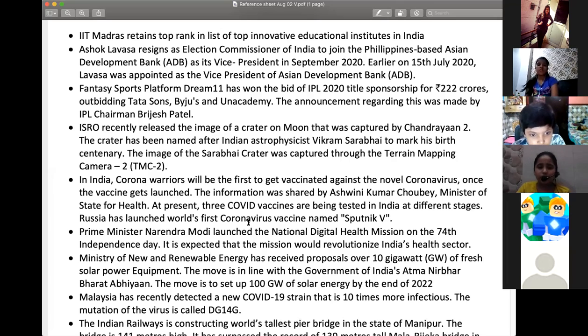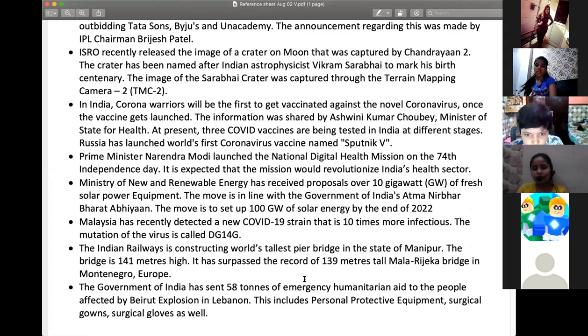At present, 3 COVID vaccines are being tested in India in different states. Russia launched the world's first coronavirus vaccine named Sputnik V. So what is the Health Minister saying? That once the vaccine comes, first it will be available to the coronavirus warriors and then to the public.